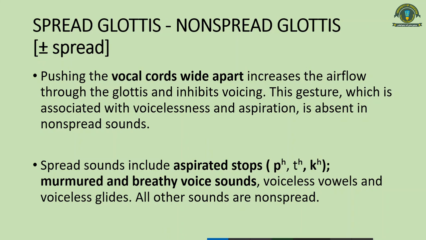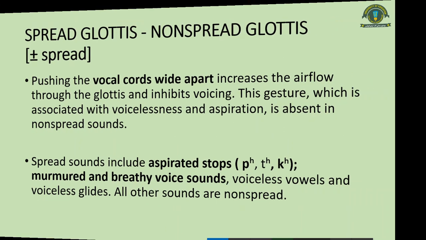In the murmured and breathy sounds, the vocal cords are also wide apart, because in murmuring you are also making sort of whispering sounds. All other sounds are non-spread. So p, t, k, remember, will have the feature of spread glottis.